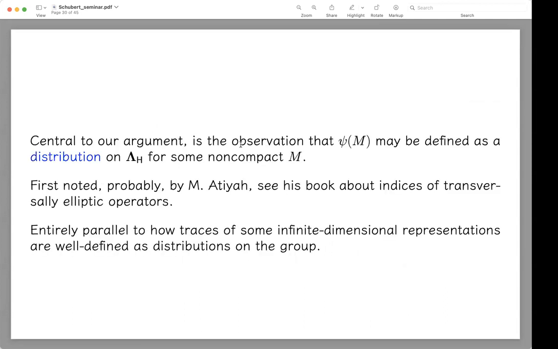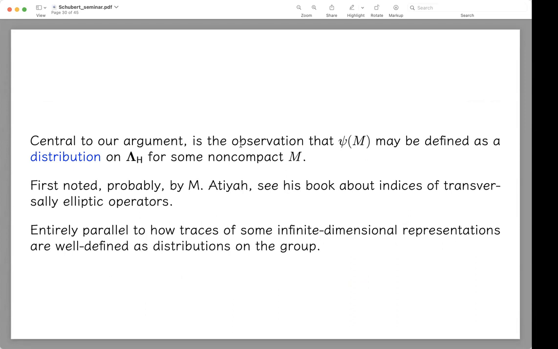Central to our argument is the observation, which, like so many things, goes back to the classics, maybe not Langlands but rather Atiyah, or maybe somebody before Atiyah. It was stated very clearly by Atiyah that if I have a non-compact manifold, then the genus can sometimes also be defined, but with values in distributions.